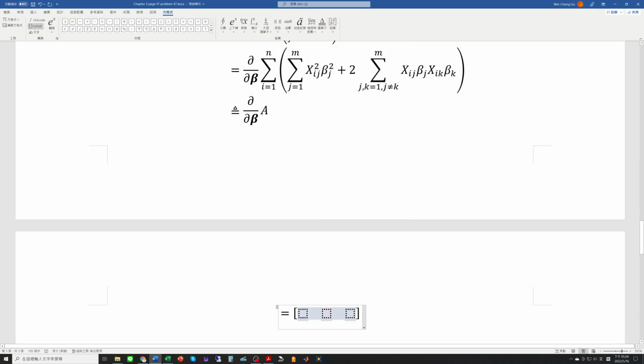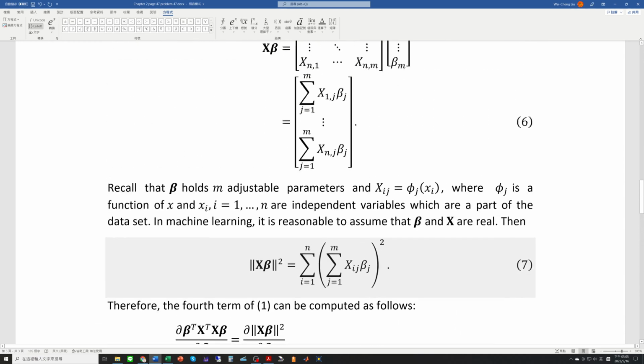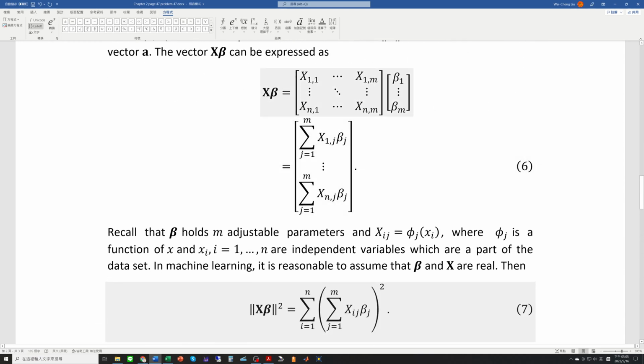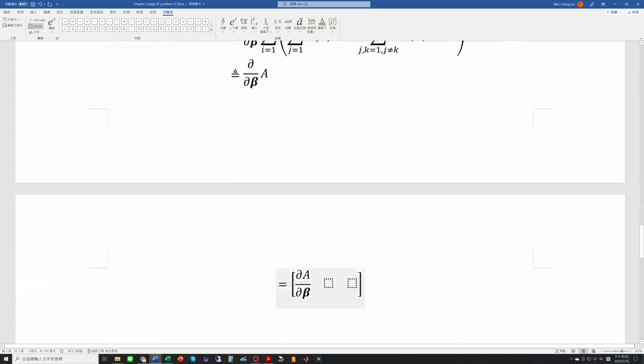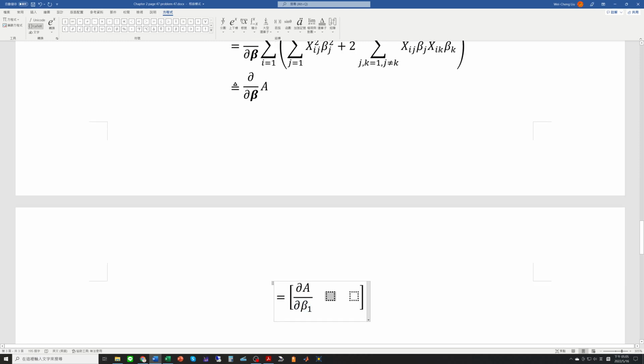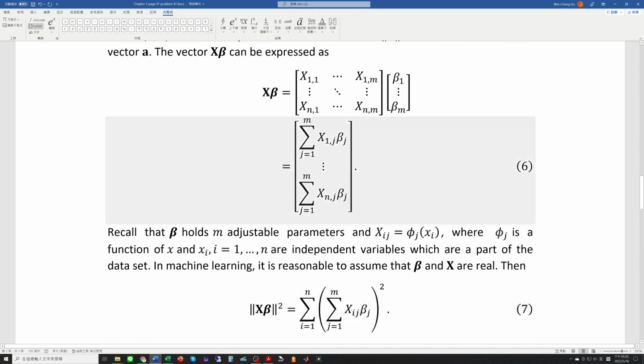And the first term is partial A over beta 1. Let me search for beta 1. Here is beta 1. And dots, horizontal dots.